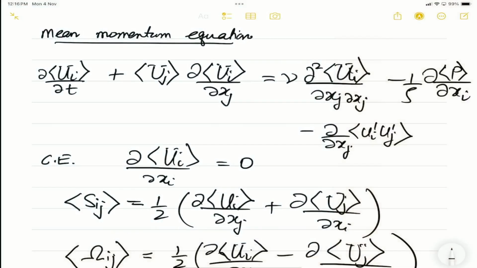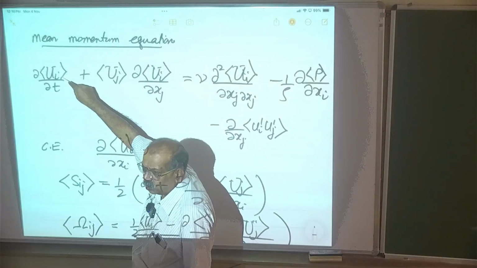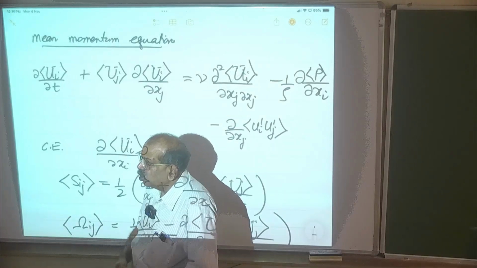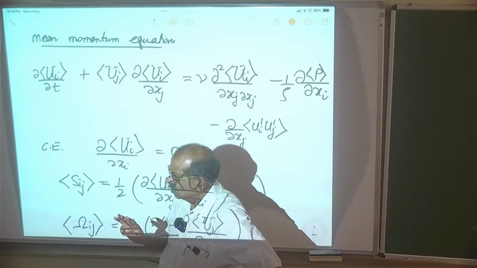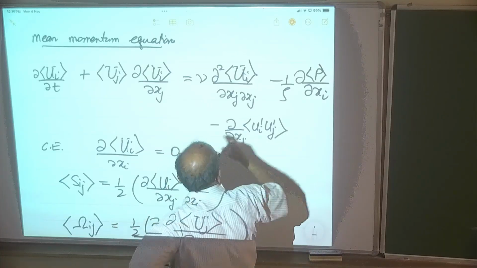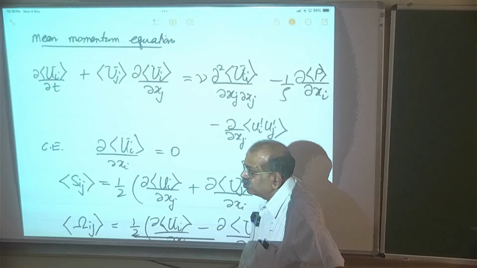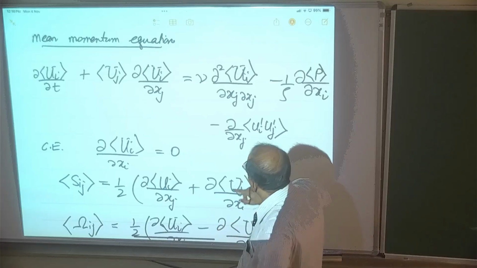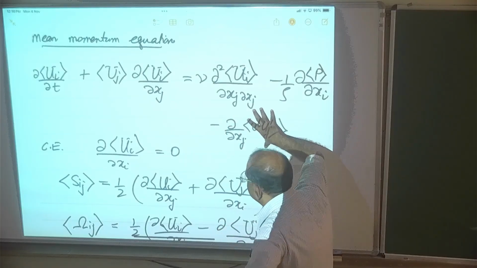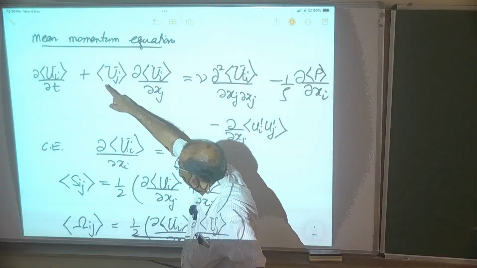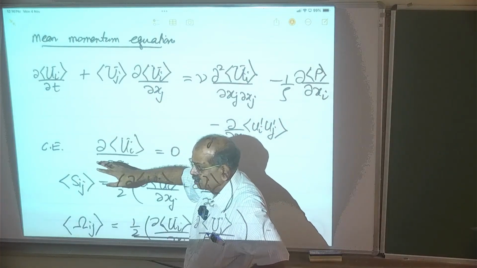Okay, so a closed set. Now here, if we look at this, this is the equation for mean of ui. Mean of ui will be three terms, three scalars, and then there is a mean pressure. So that means totally we have four terms, but let's forget this. I'll come to this in a moment. So there are four terms and these are the four equations.